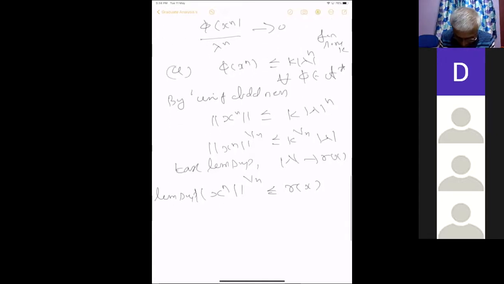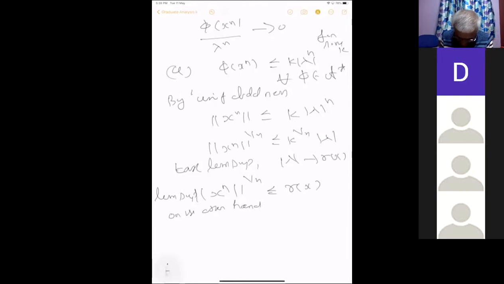On the other hand, we want to prove the lim inf. We have the spectral mapping theorem.